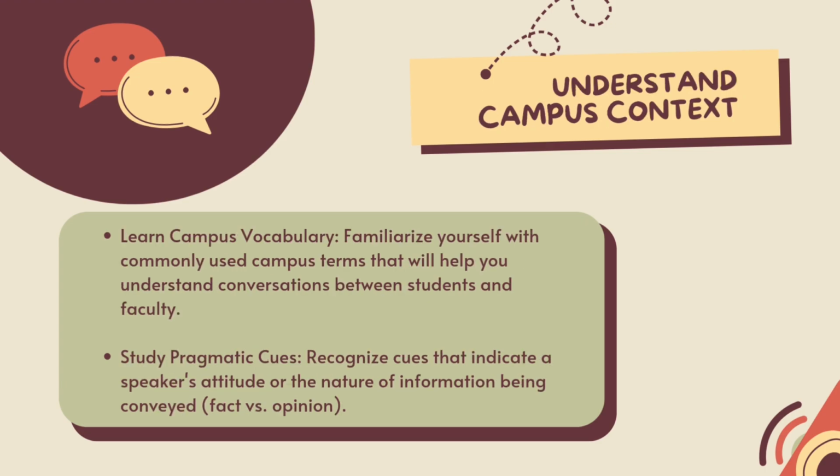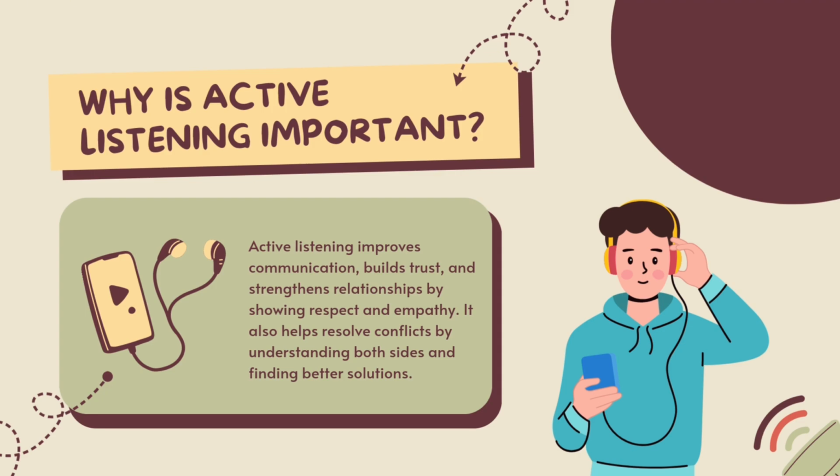Learn campus vocabulary. Familiarize yourself with commonly used campus terms that will help you understand conversations between students and faculty. Study pragmatic cues. Recognize cues that indicate a speaker's attitude or the nature of information being conveyed, for example, facts versus opinion.